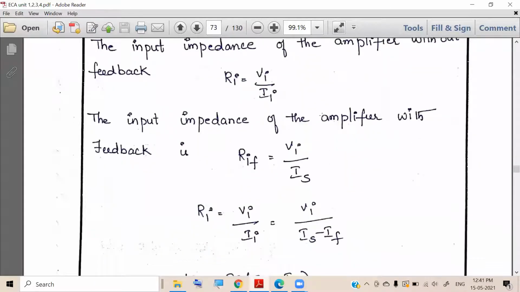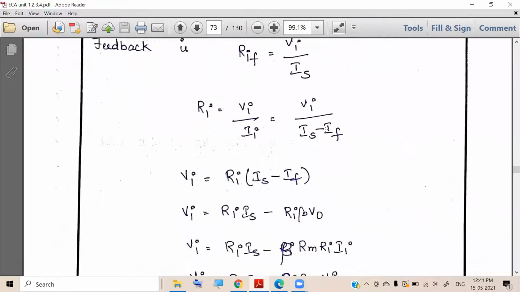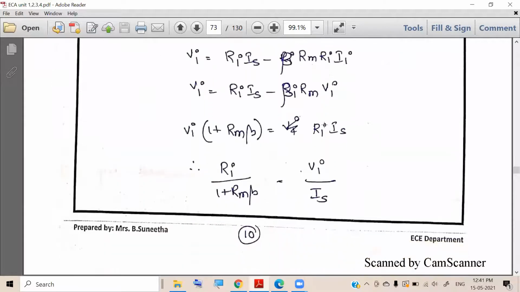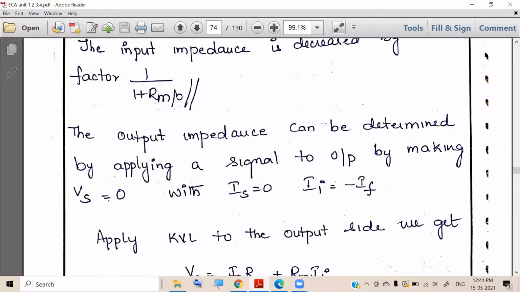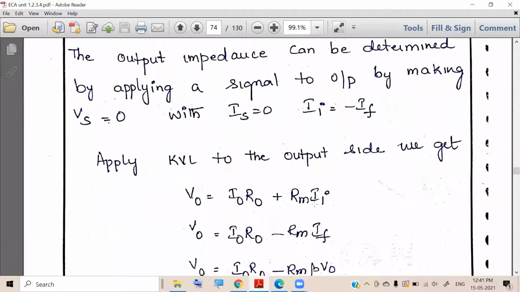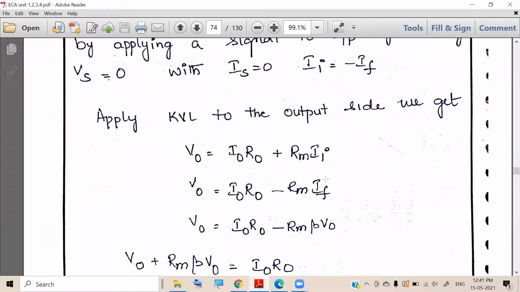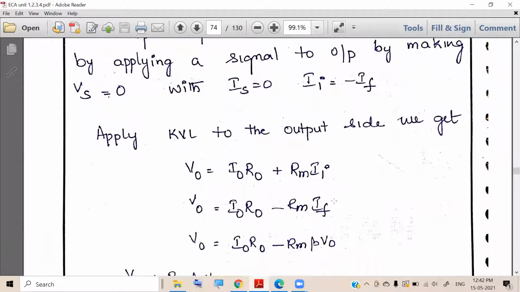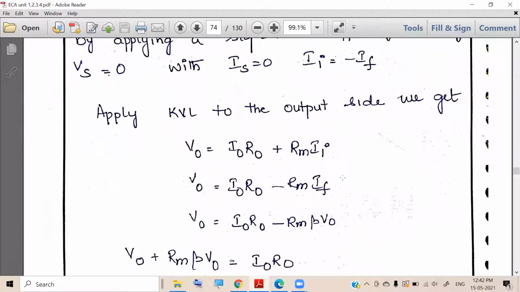Then Ii we represent as minus If, the remaining terms staying as they are.